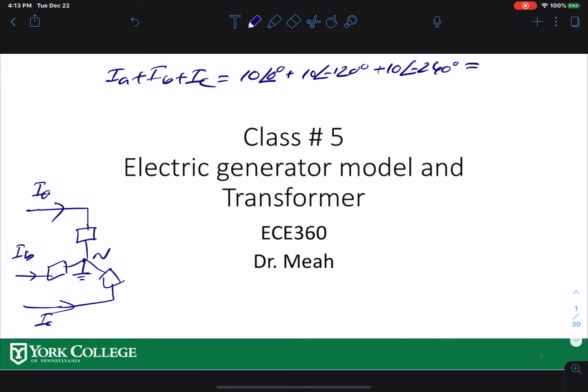If you add all of this, you will see that you get 0 amps. That means for the balanced system, there is no neutral current. So your neutral current IN, if you add all of them, is 0.